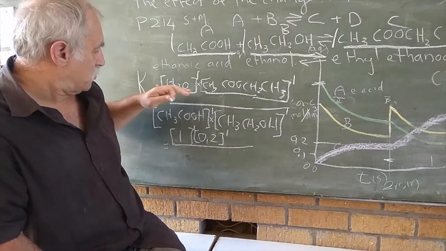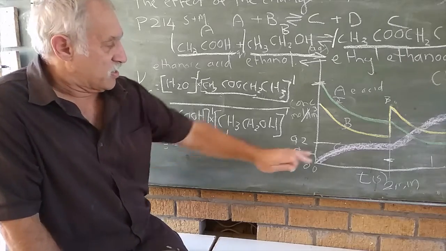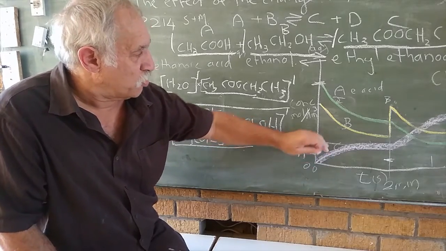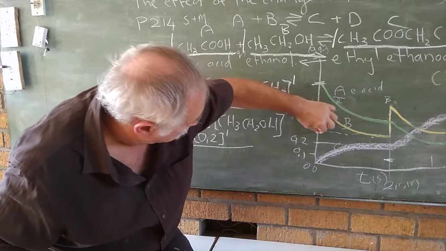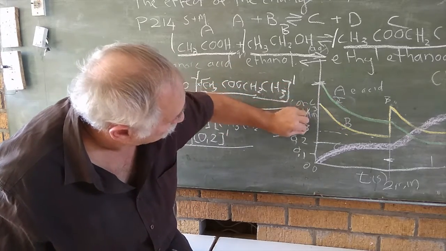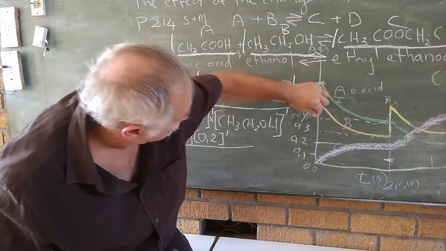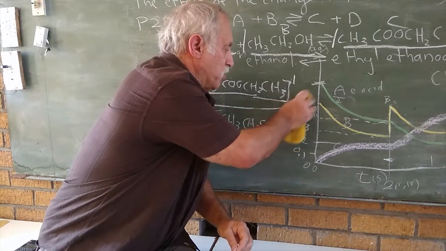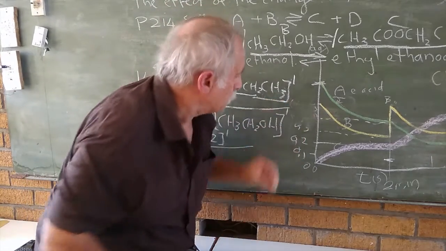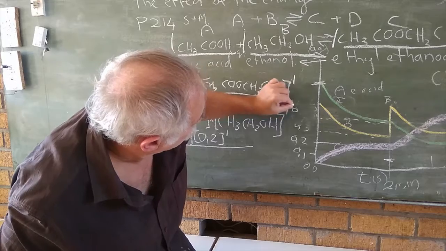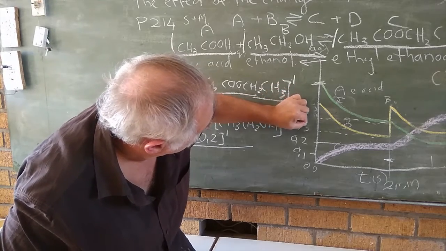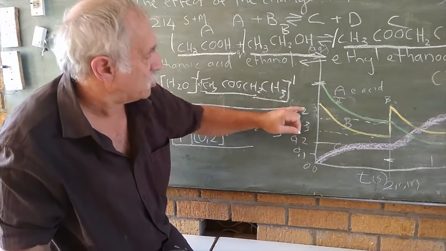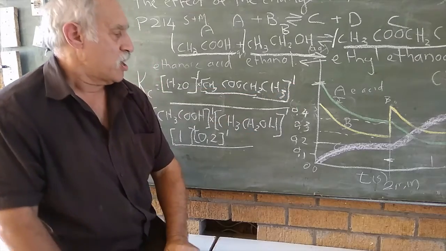We can ignore it, but let's put it in there. Then let's suppose this is 0.3, and that is 0.4. So we've got 0.3 and 0.4.